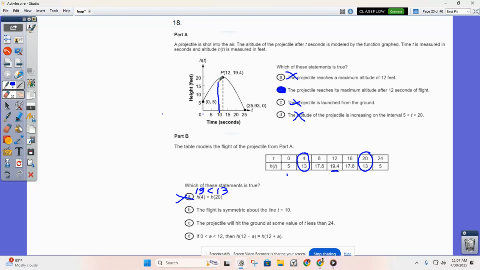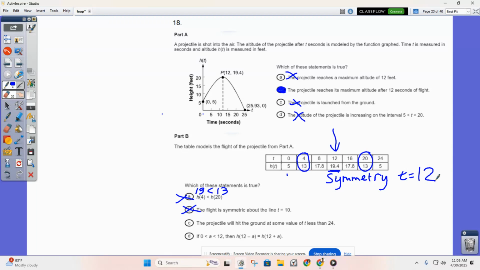Is this the line of symmetry here at 10 seconds? No. When looking at a table, you're looking for where it reaches its max. That's going to be your line of symmetry. Okay? So here is where it's symmetrical. The symmetry is actually at 12 seconds.